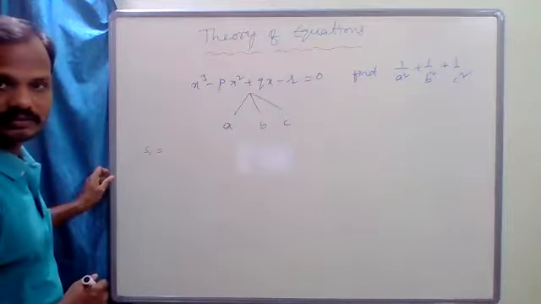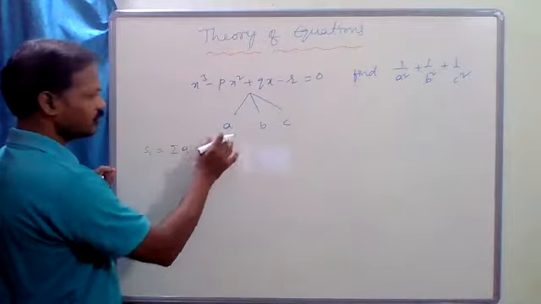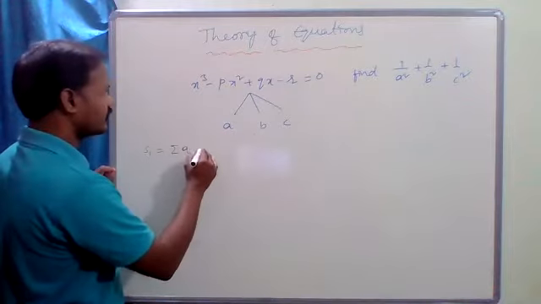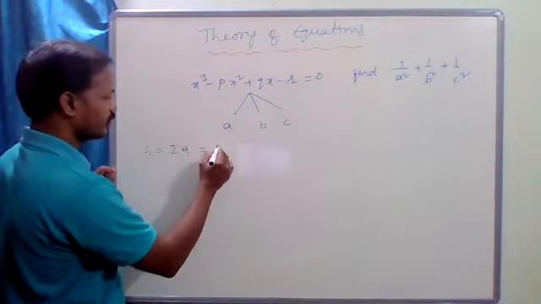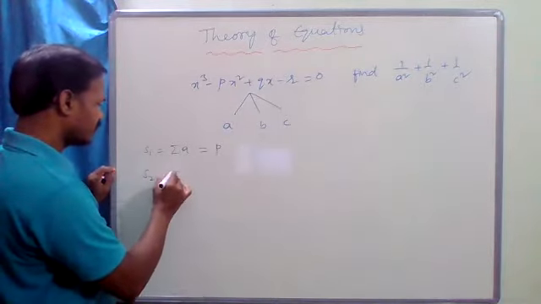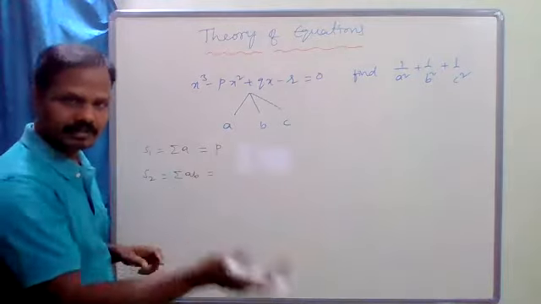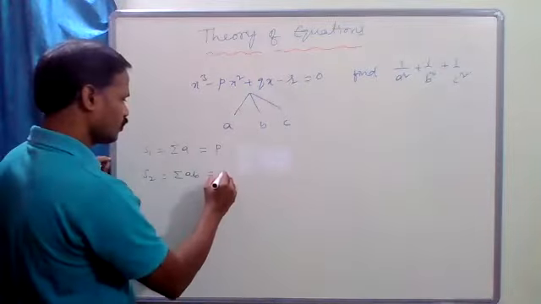Now first S1, sigma a, the sum of roots, a plus b plus c, which is equal to p. Next S2, sigma ab, that is ab plus bc plus ca, which is q.